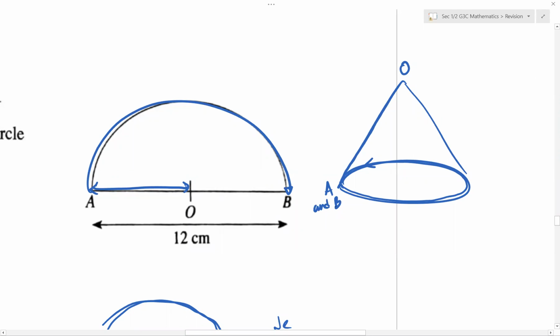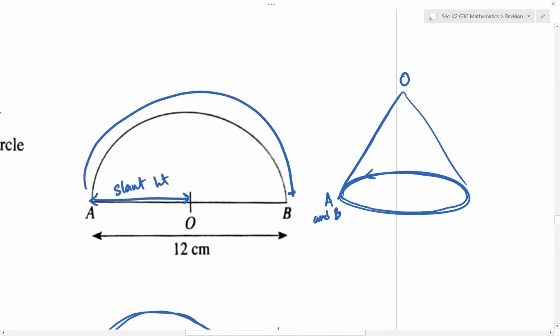Okay, so this radius now became our slant height. And then the arc equals our circumference, the circumference of the base of the cone.